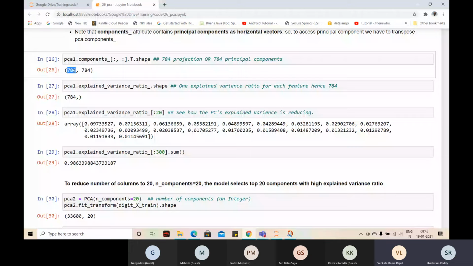So if in this case we have 784 and we take maybe the first 200 principal components, we are actually taking those values which have more multicollinearity, and ignoring those which have less multicollinearity.